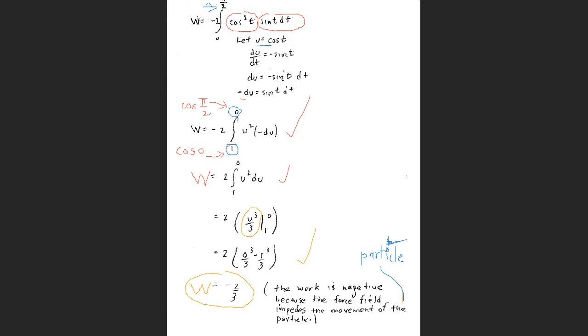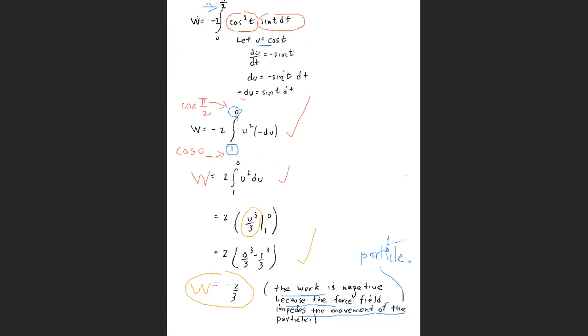So we end up getting negative 2/3. And we would expect that for the work, because the work is negative because the force field impedes the movement of the particle. We saw from the picture that the force field was acting in the direction opposite the particle's movement. Say the force field is like wind vectors, okay?